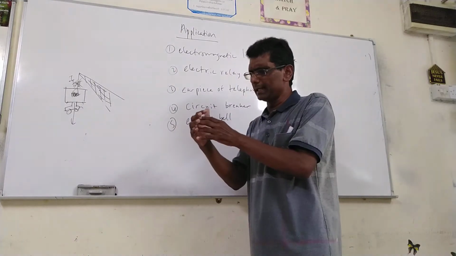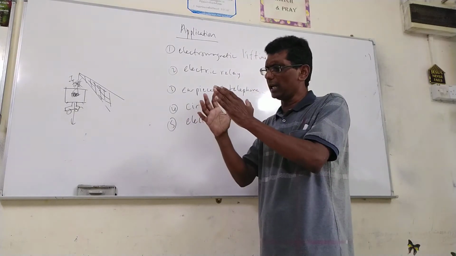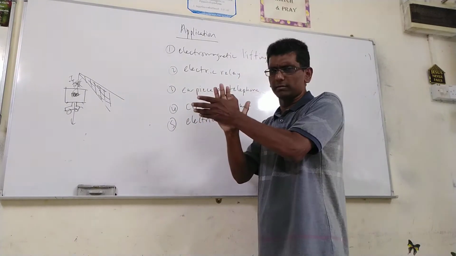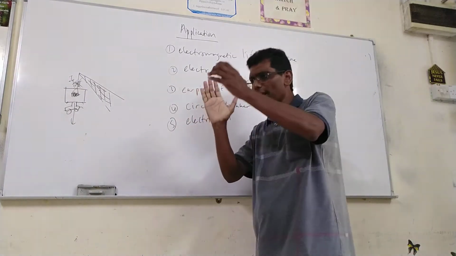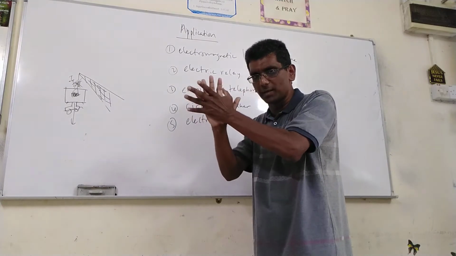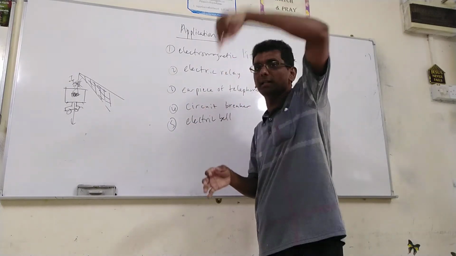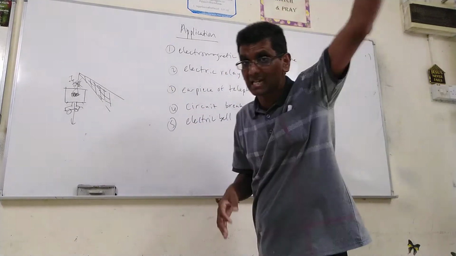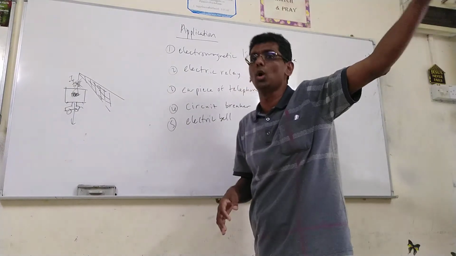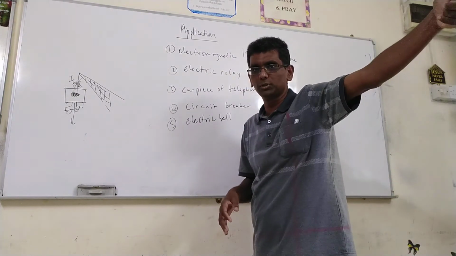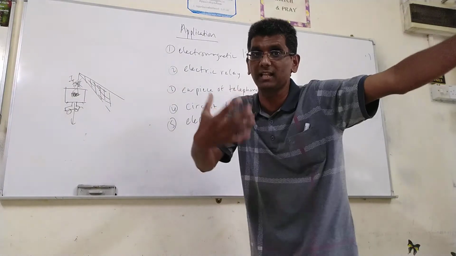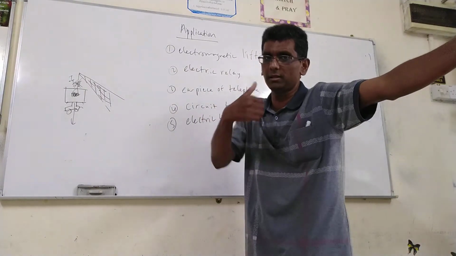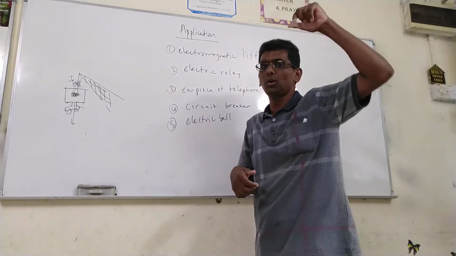When you press the green button, it connects two iron pieces, and that connects the higher current to flow through the motor of the aircon. Humans don't want to touch the higher current directly.